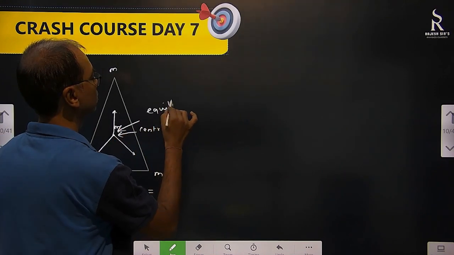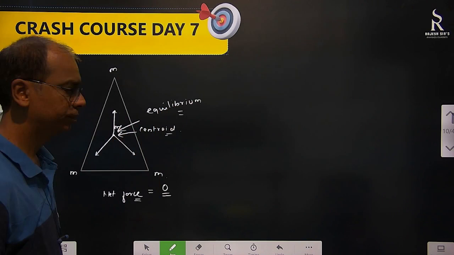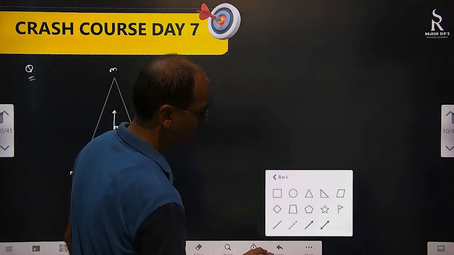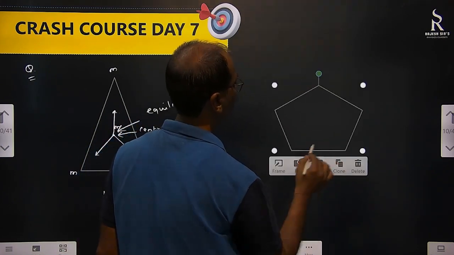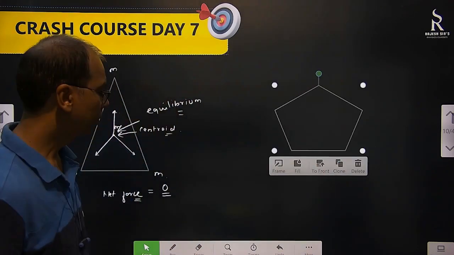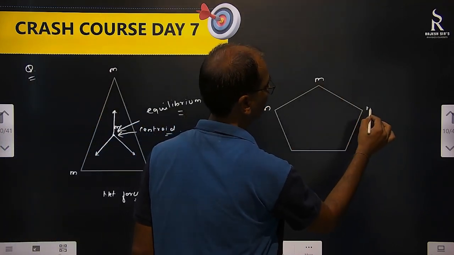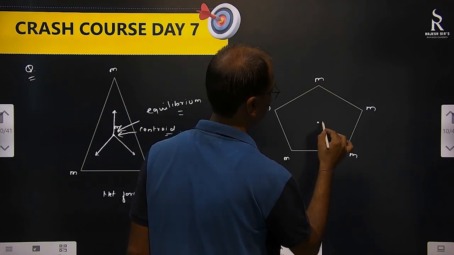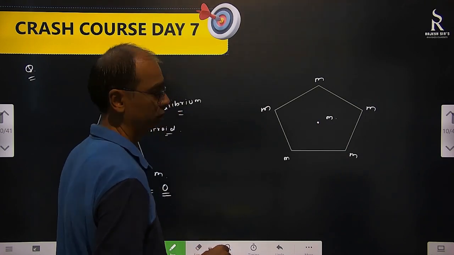Not only here, if you have a hexagon also, or a pentagon in this one. Okay. So this is a pentagon. Now suppose at all the vertices I have M, M, M and M. And here this is the center point. And here also M. So if I ask you what is the net force on this, it says 0.